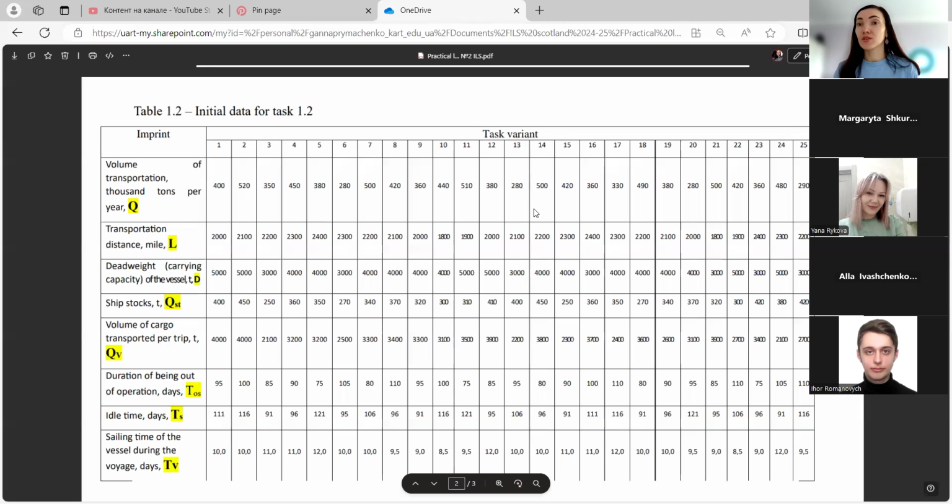If you are second in the list of your group, you have variant 2. And up to variant 10, I remember that we have 10 students in our group, so we use the first 10 variants. If you have variant 1, for example, D was 5,000 ton. So we write 5,000 ton. If you have variant 2, you also use the same parameter. If you have the third variant, you have 3,000 ton.